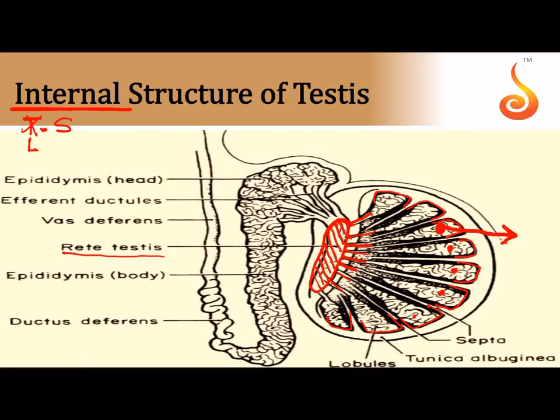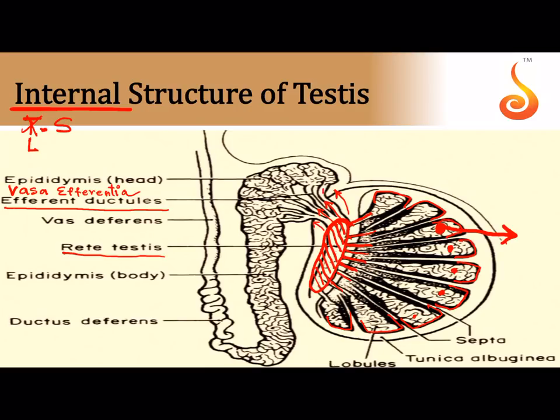Then from the rete testis, can you see fine tubes emerging out? Now these tubes which emerge out from the rete testis, they are referred to as the efferent ductules, or we can also call them the vasa efferentia. Now this is what you had learnt, that these efferent ductules are called the vasa efferentia.